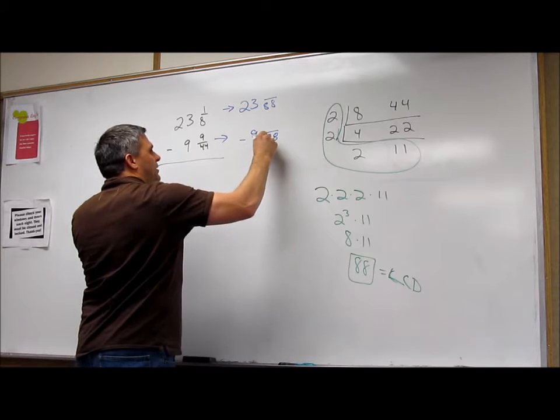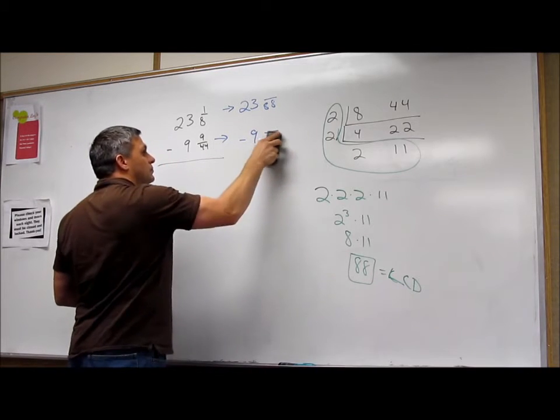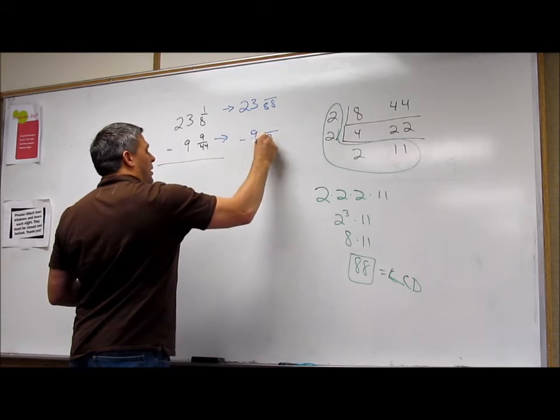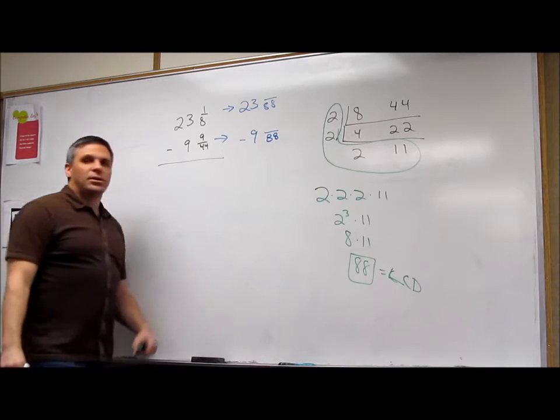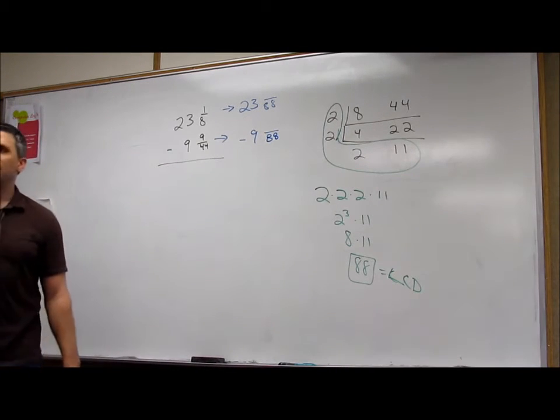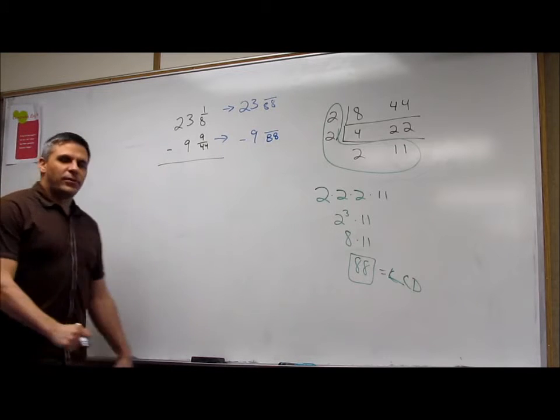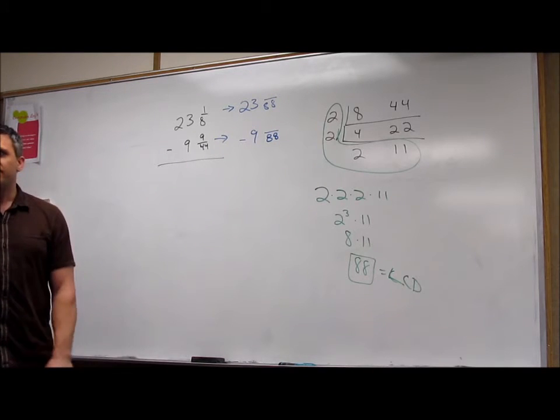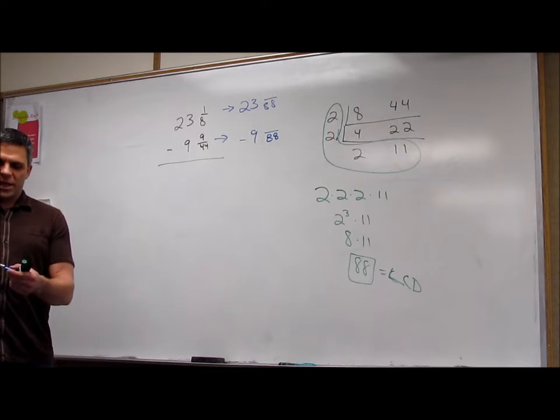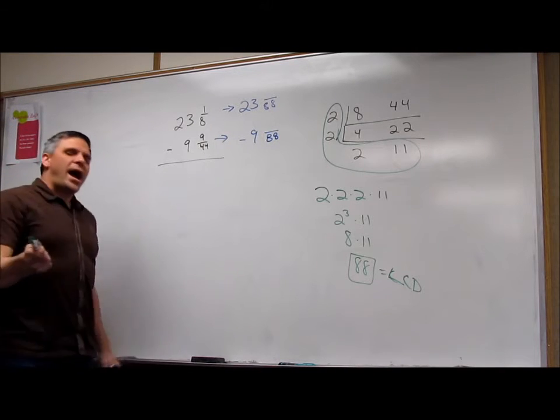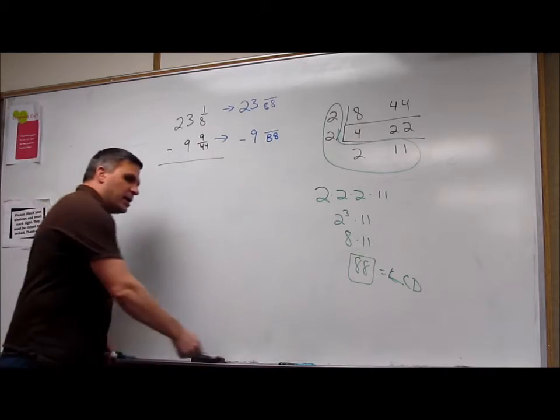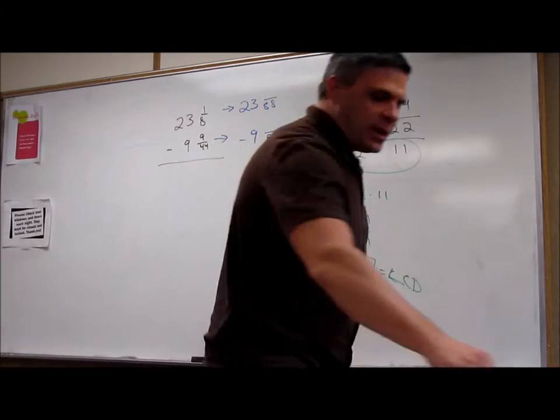Now, at this point in the game, it's not that hard to look at 8 and go, oh, 11 times 8 is 88. And it's not that hard to look at 44 and go, well, 2 times 44 is 88. But I'm still going to talk about why it's working out that way.